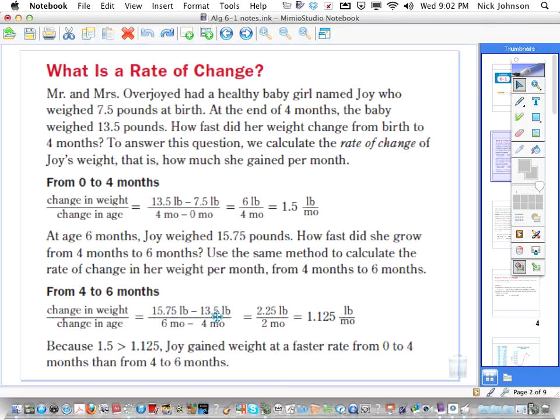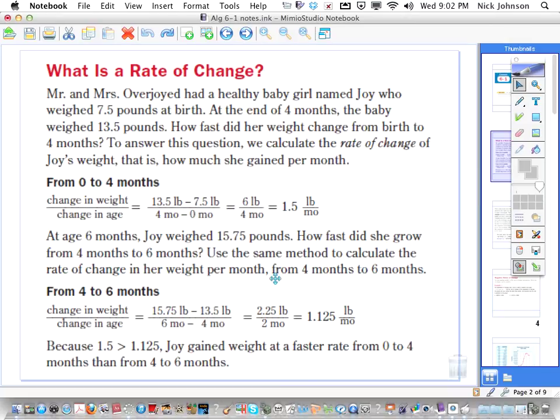We subtract 13.5 pounds, which is where she was at 4 months. 15.75 minus 13.5 is equal to 2.25 pounds. 6 months minus 4 months is equal to 2 months. So 2.25 pounds divided by 2 months is equal to 1.125 pounds per month.